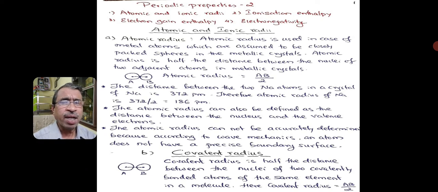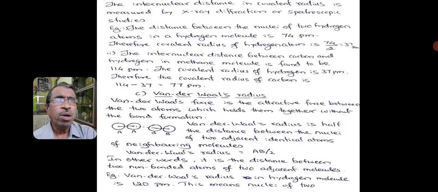Here, covalent radius is AB upon 2. Here, the two atoms A and B come close to the maximum extent, but not to the extent of the metals. Therefore, generally the covalent radius is slightly greater than the metallic radius.